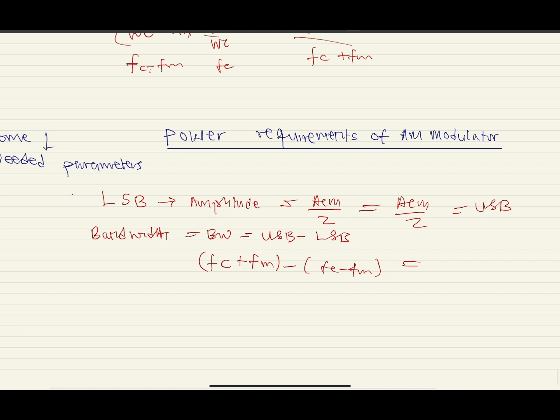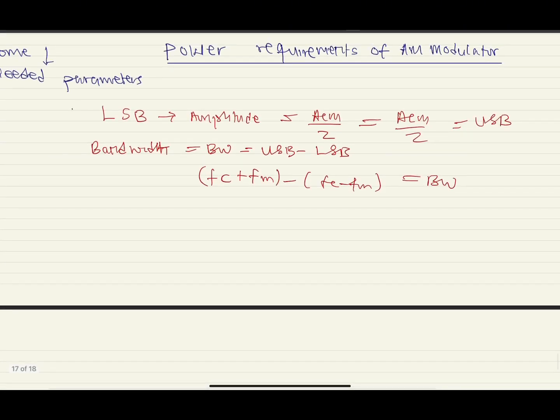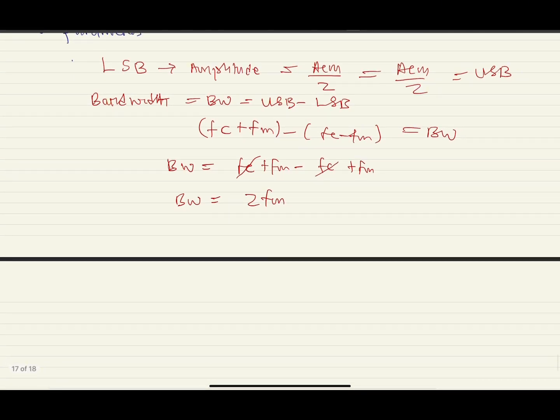When we simplify this, we get bandwidth equal to FC plus FM minus FC plus FM. The FC cancels, so we have our bandwidth equal to 2FM. This is the final equation for our bandwidth. When you use omega, we have bandwidth equal to 2 omega m. But mostly we calculate the bandwidth in terms of frequency, so this is recommended.